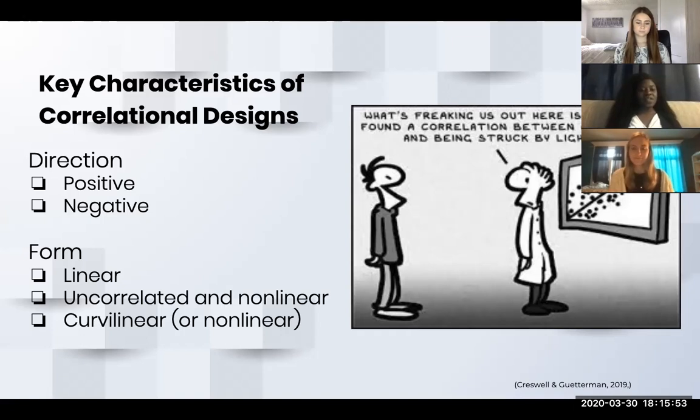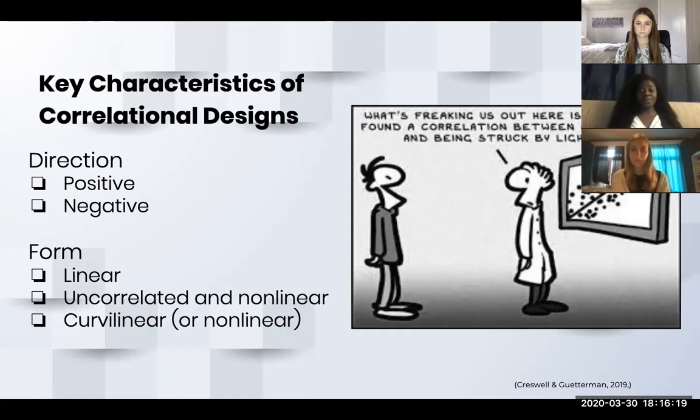All right, so now we'll look at the key characteristics of correlational designs. First is the direction. So as Marissa stated briefly before, in correlational designs the relationship between variables can be either positive or negative. When the relationship is positive, that means that both variables run in the same direction.